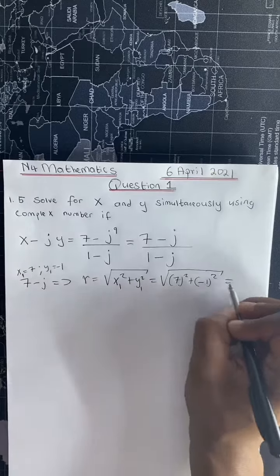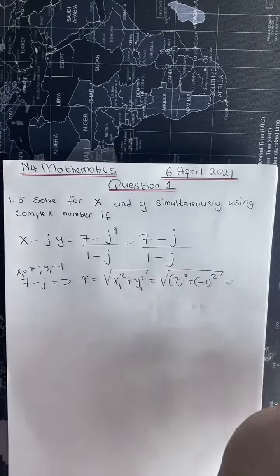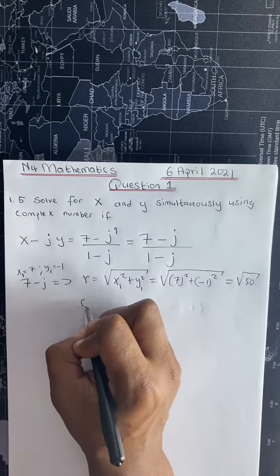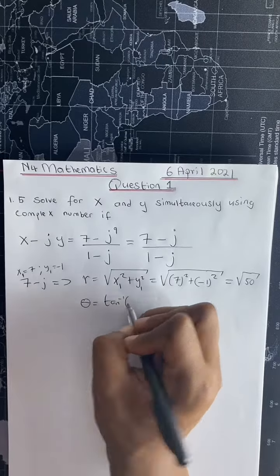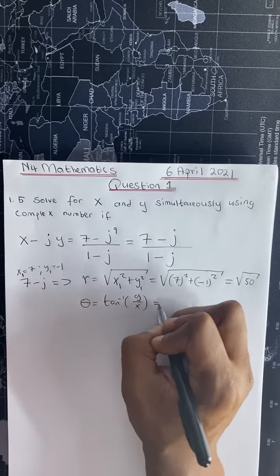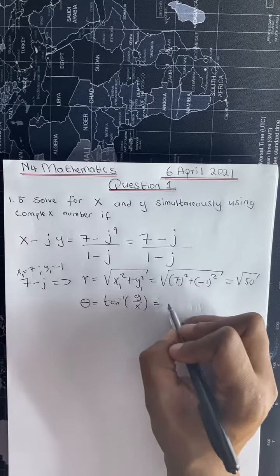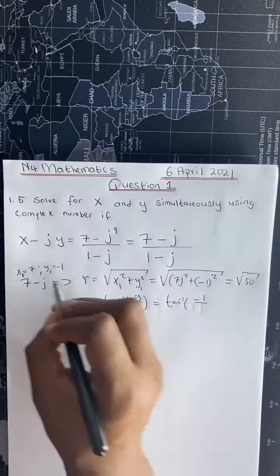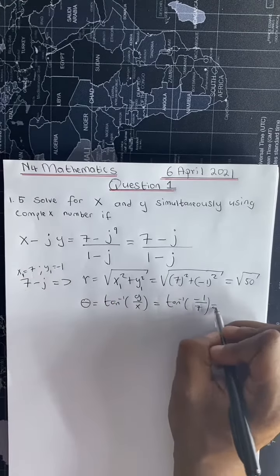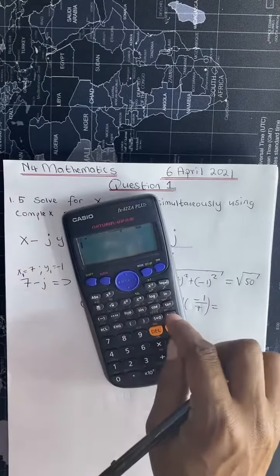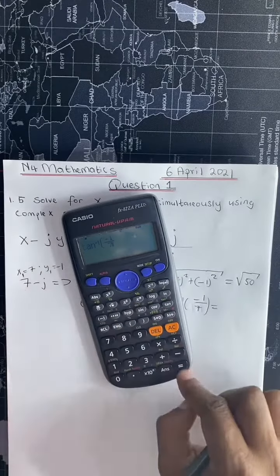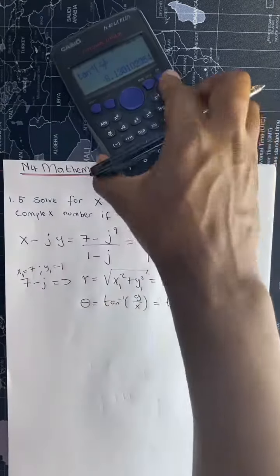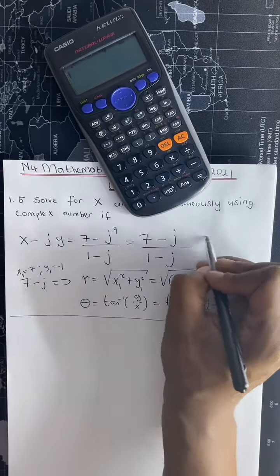So our r will be equals to the square root of 7 squared plus 1, which is equals to the square root of 50, and theta is equals to arctan of y divided by x, opposite over adjacent, I mean. So our y is equals to -1 and x is equals to 7. So arctan of -1 over 7, -8,13 degrees. So we are done with our numerator.